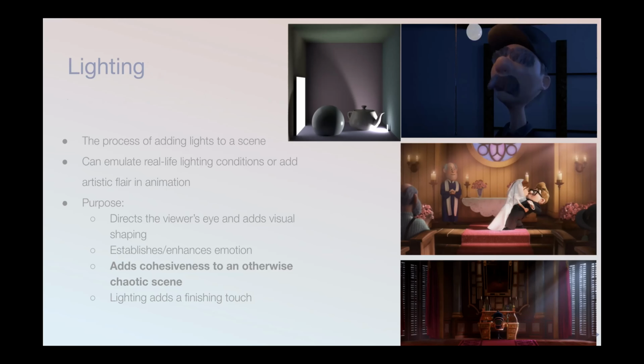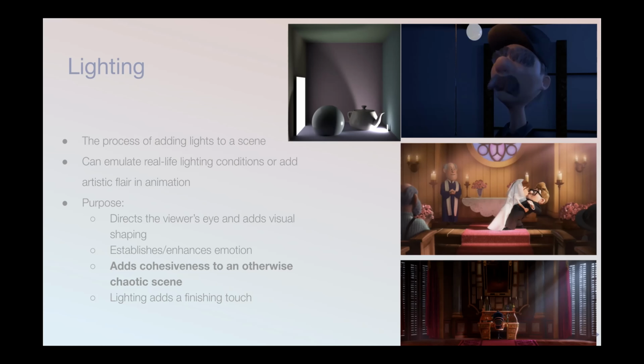So the next portion here ties a lot back into what I was just talking about with shading, where we actually define how the surfaces interact with light. But in order to actually see that, we need to shine those virtual lights into our scene. And so this helps us create those real life lighting conditions or ways to emphasize certain things in the scene with artificial lighting, or even hidden lights that wouldn't show up in real life.